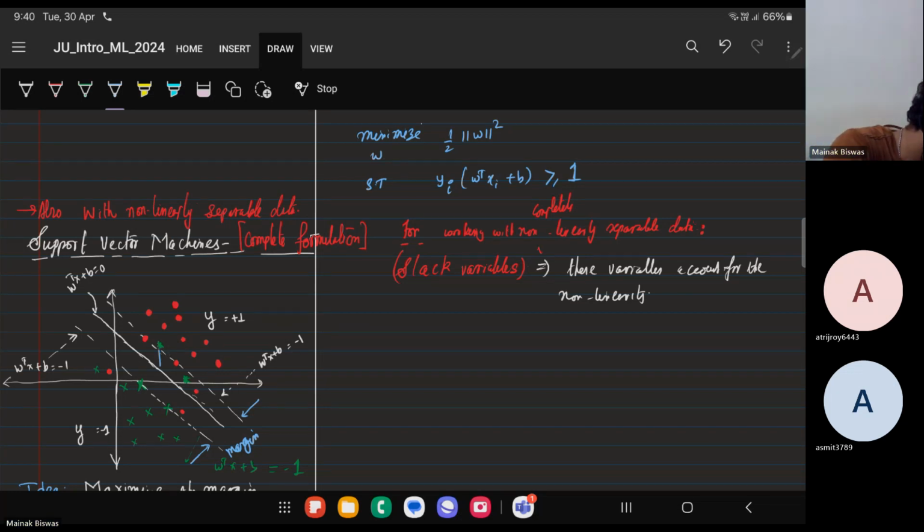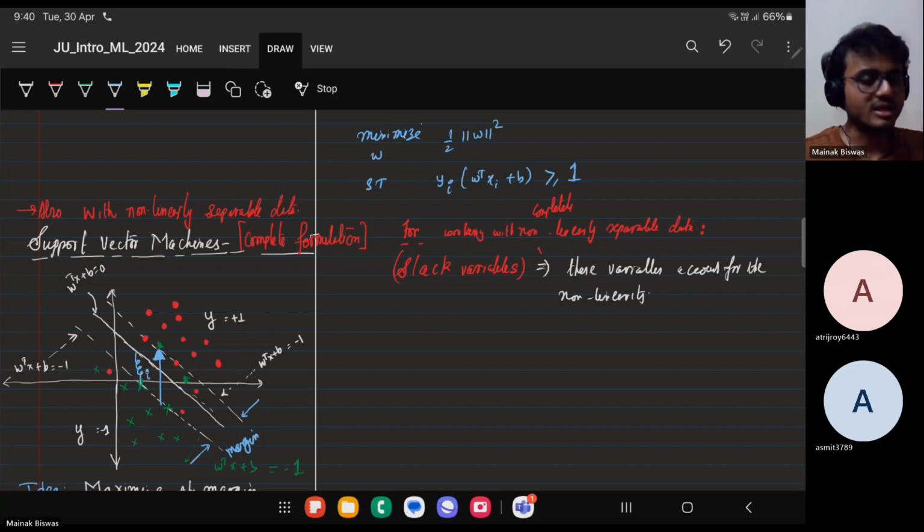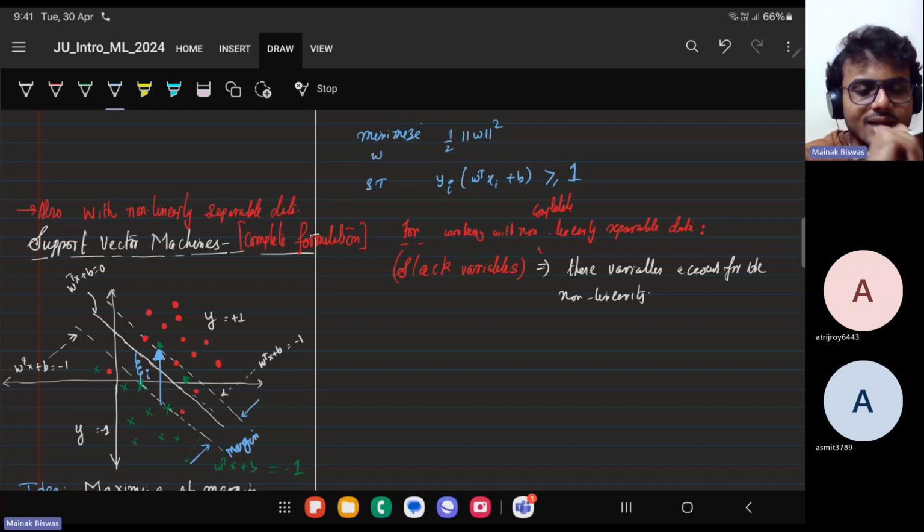See, there is some error that I will represent as xi I. So tell me, if I represent this as xi I, what can I update this equation as?